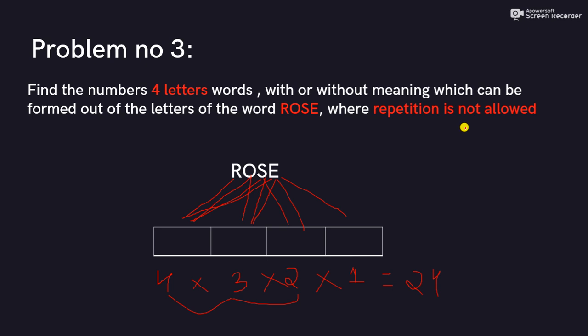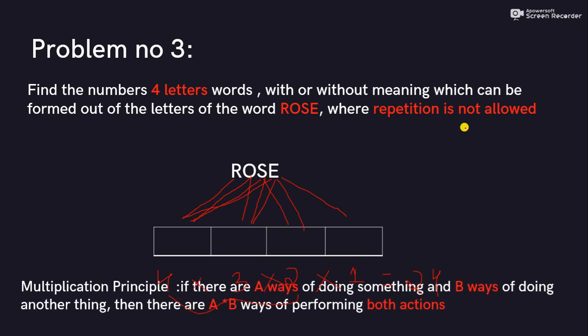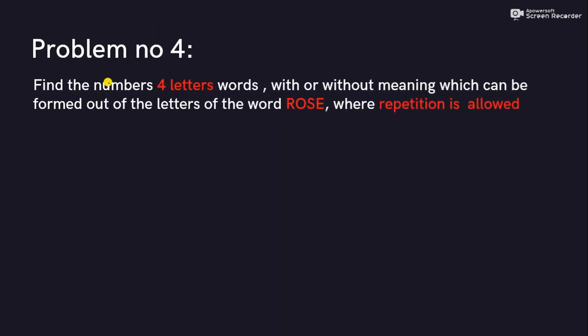While solving problems related to counting, we need to visualize the concept first, and then decide which principle we need to use for that particular problem. So here I am going to give the same problem. Find the four letter words, with or without meaning, which can be formed out of the letters of the word ROSE where repetition is allowed.